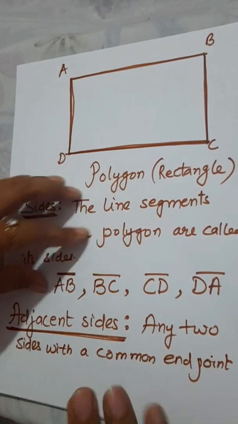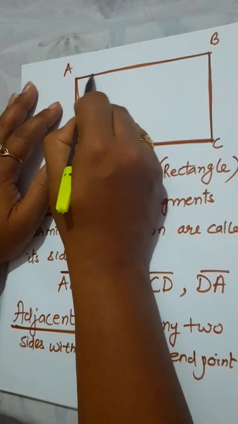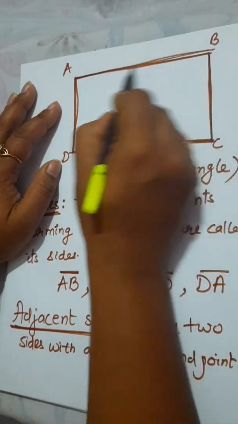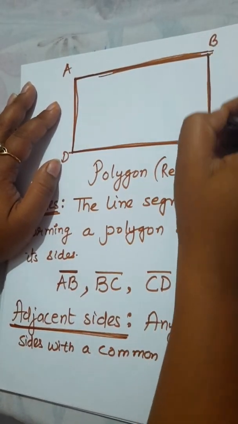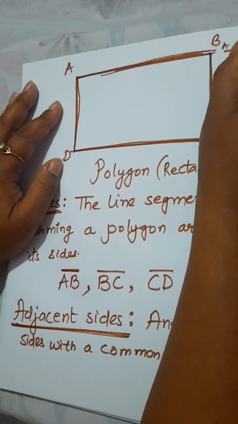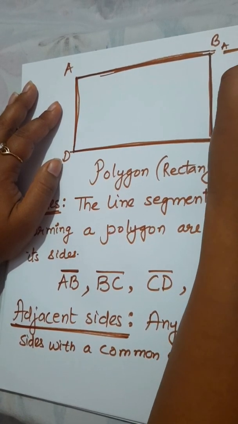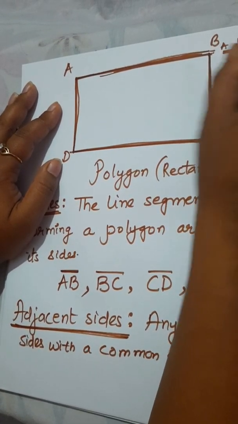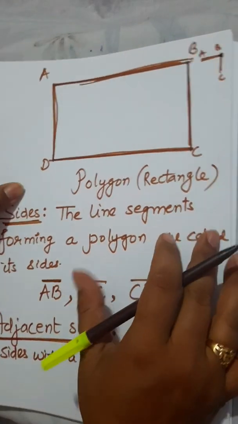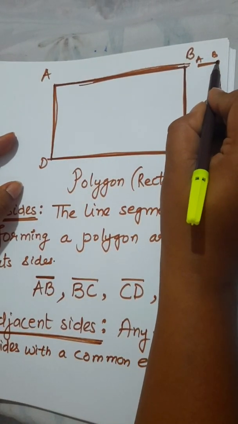I have this AB and this BC. AB and BC. Now these 2 sides have a common end point, that is B.